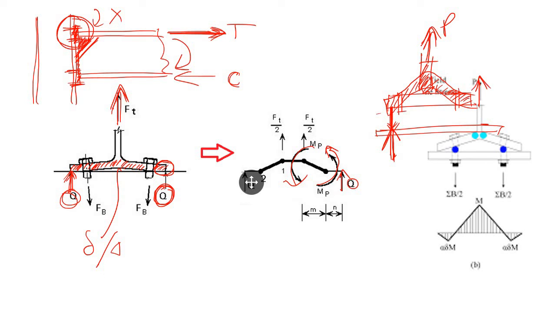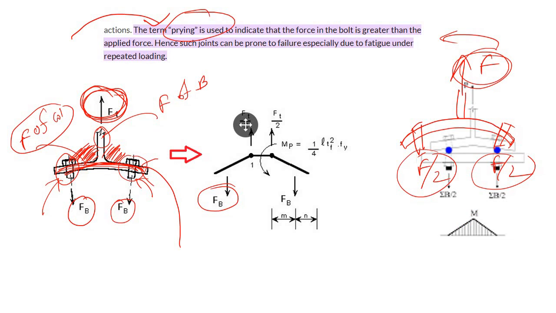This is the externally applied load P, this is the reaction force, and there is extra prying force Q. If you draw this bending moment diagram, it is something like this. Here you can see this is the point of curvature, this is the point of curvature, but in the initial case the bending moment looks something like this. As there was no prying force, the flange plate was subjected to uniaxial bending.